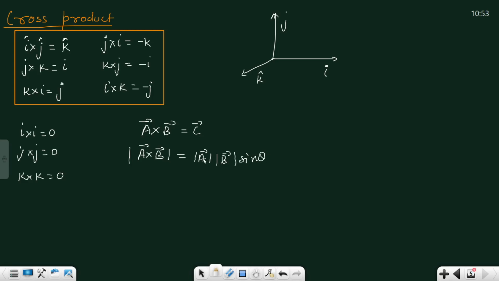Clear? When you go for the cross product, we multiply perpendicular vectors, only perpendicular vectors. Is it clear? Any doubt?